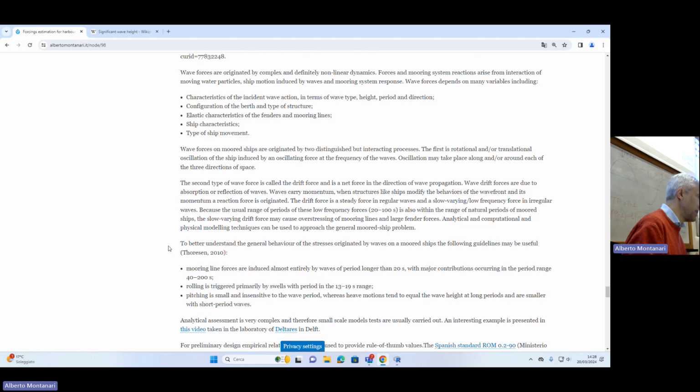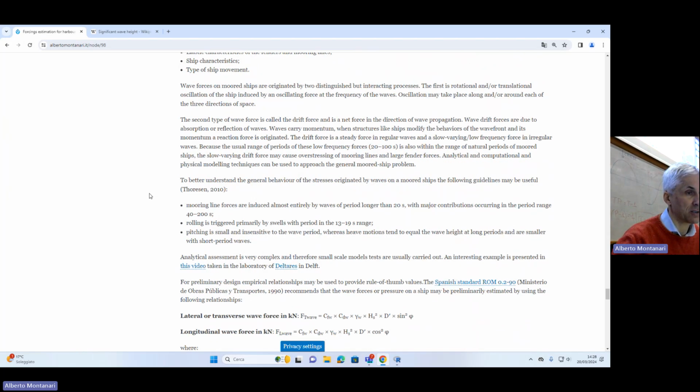The relationships that I will show you don't consider the wave period; they only consider the wave height as an independent variable, which is fine, but you understand that the same wave height with different periods can cause different forcings. And in particular, let's see these indications, okay?